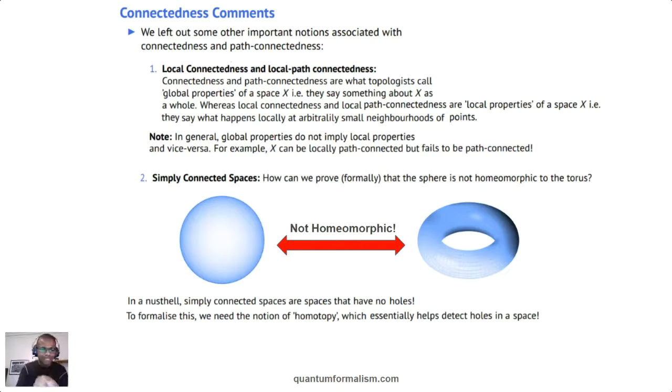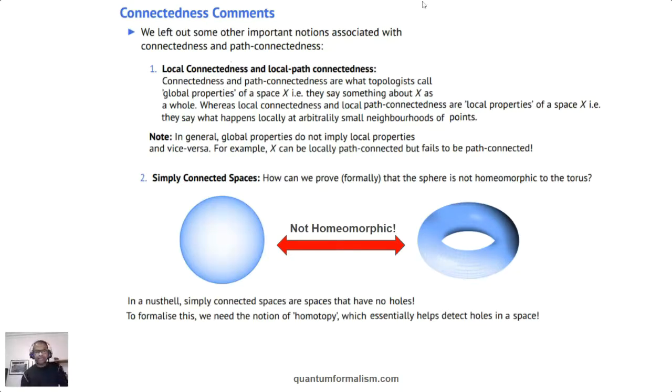If you zoom in with a microscope, these local properties tell you what happens at a local level. So local connectedness and local path connectedness are local properties. They are not global properties, okay?